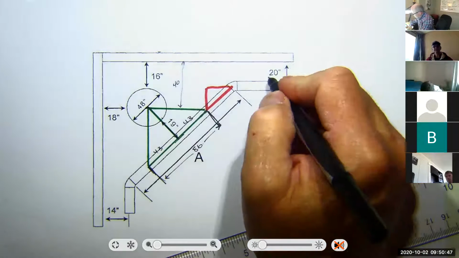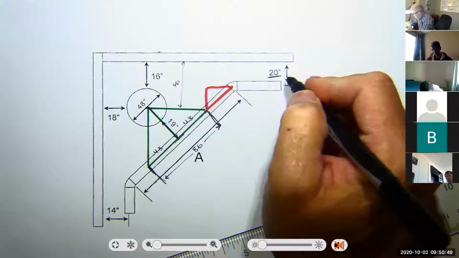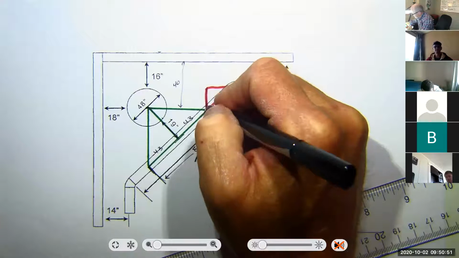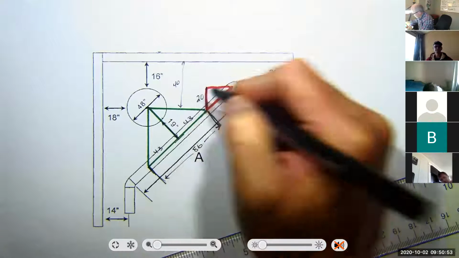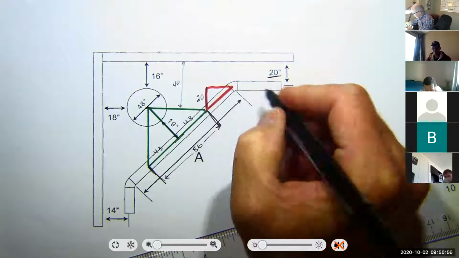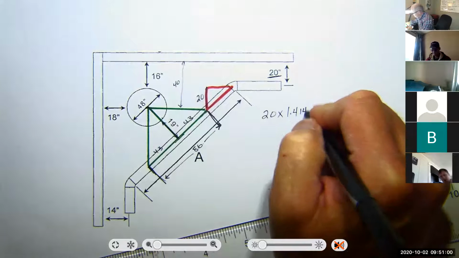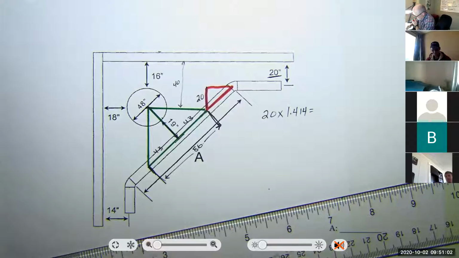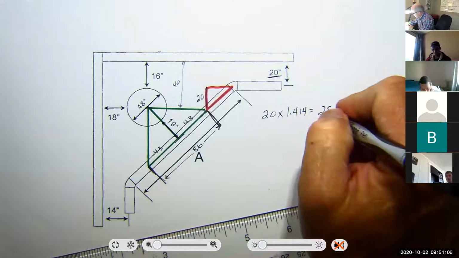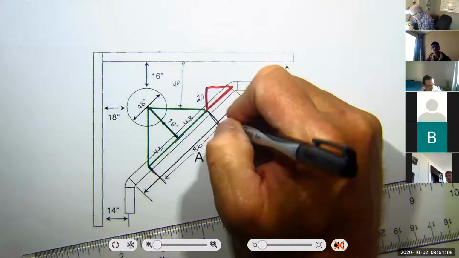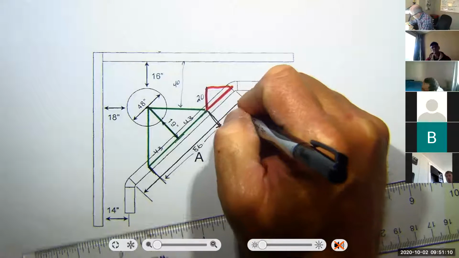And if I minus off 20, that's over here, that makes this line right here 20. So I can get this travel by saying 20 times 1.414. And that is 28.28. So this line is 28.28.